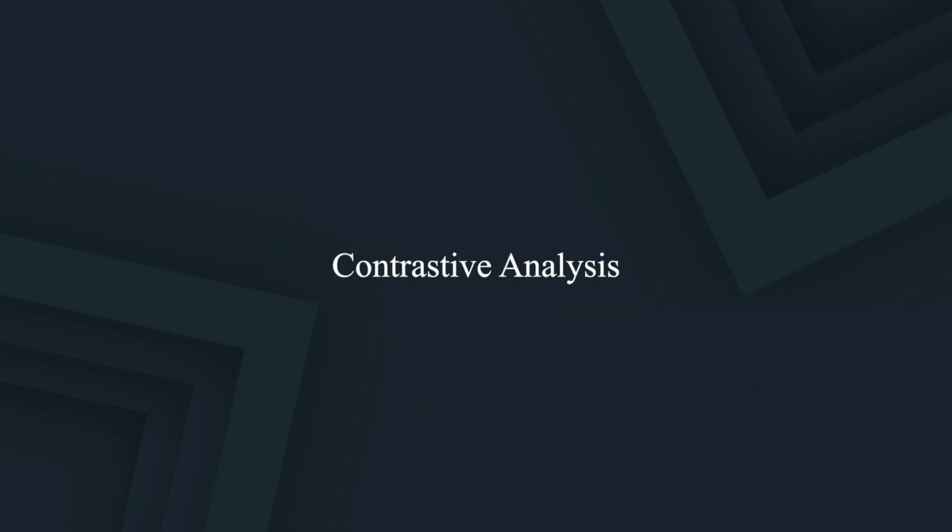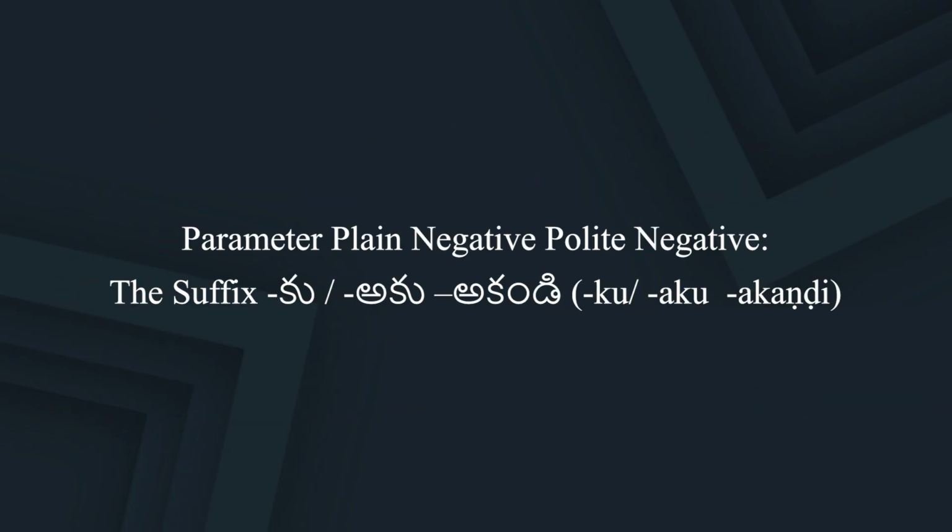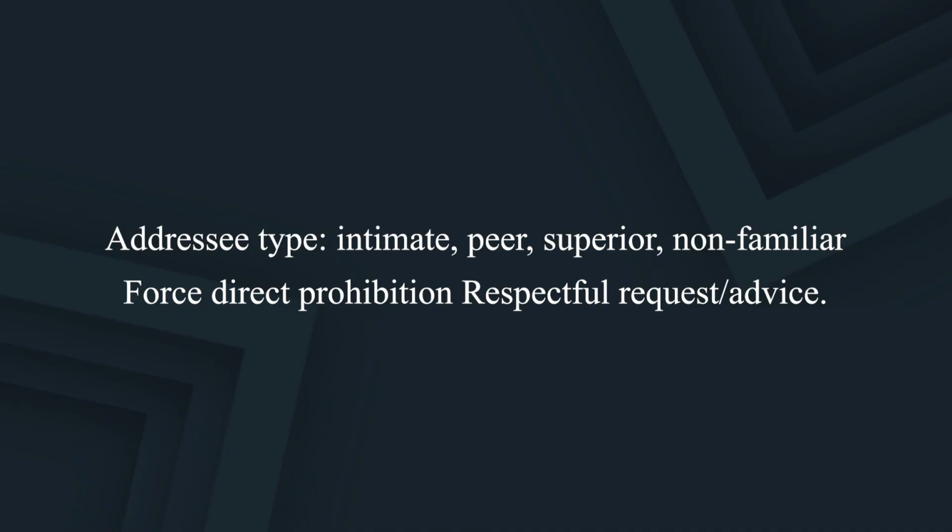Contrastive analysis. Parameter: plain negative, polite negative. The suffix ku or aku, akandi. Social index: equality, solidarity; power difference, distance. Addressee type: intimate, peer; superior, non-familiar.